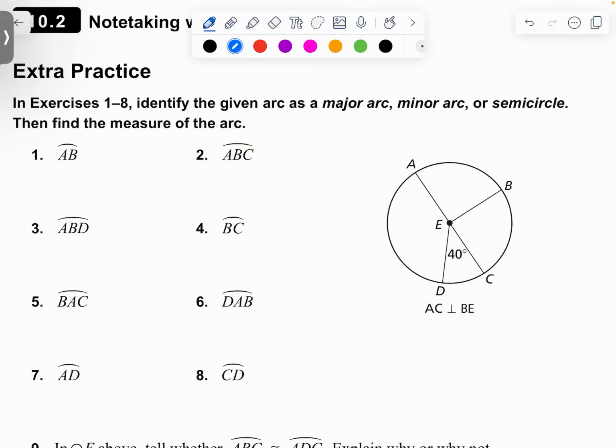All right, so arc AB. Sam, how many degrees is arc AB? 90. Okay. Harvey, how many degrees is arc ABC? Okay. Alexa, ABD. 220? Yeah.